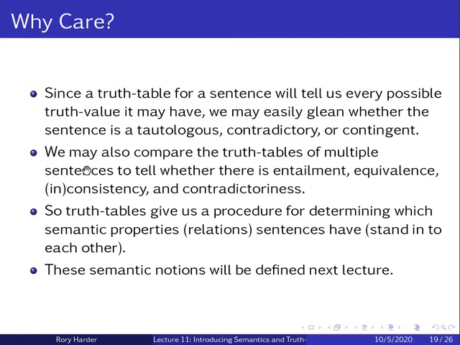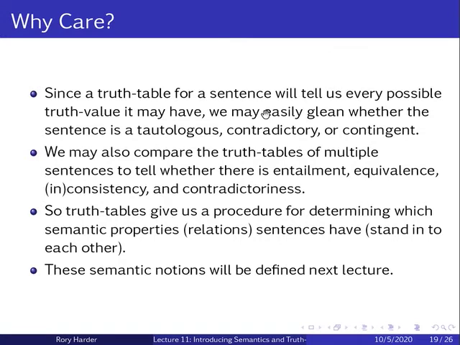But just to foreshadow, for a sentence to be a tautology is for it to have truth in all possible rows of its truth table. That is, for a sentence to be a tautology is for every possible assignment of truth values to the atomic sentences in it to result in an overall true statement.